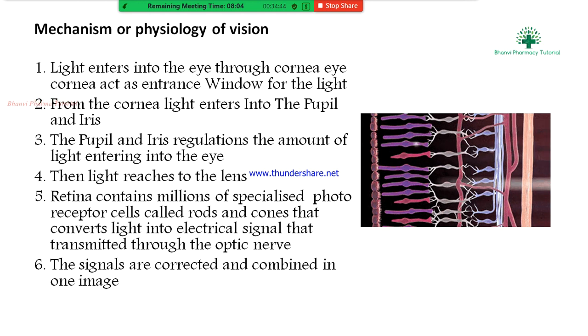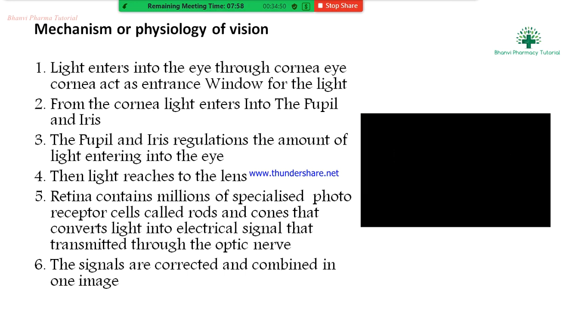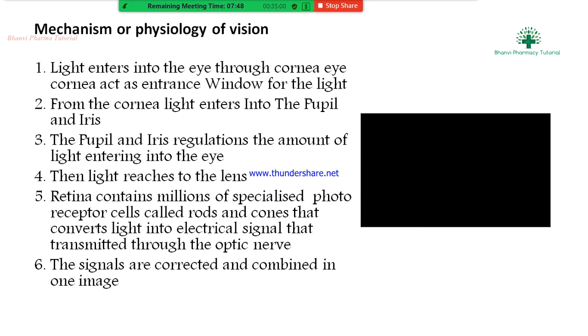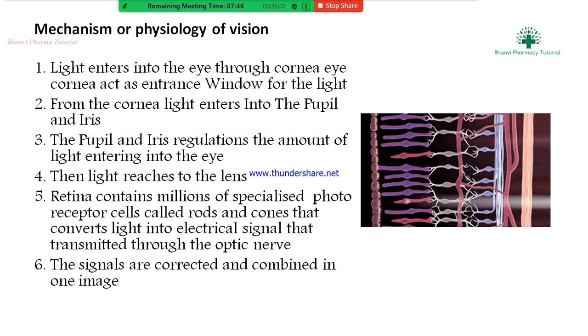Then light reaches the lens. After the lens, the retina contains millions of specialized photoreceptor cells, called rod cells and cone cells, that convert light into electrical signals.